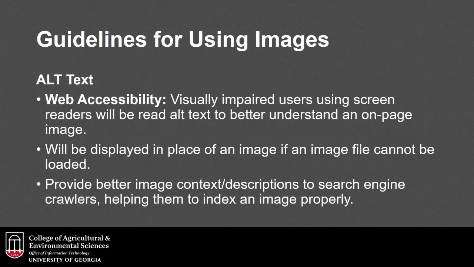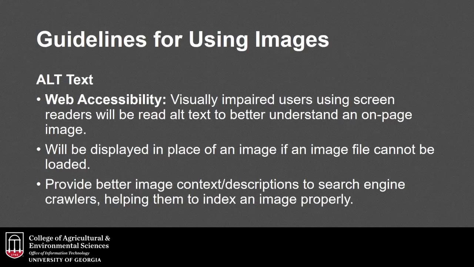Alt text. Alt text is something that you see in the image components on AEM. Basically, the main purpose of alt text ultimately is web accessibility, so that visually impaired users who use screen readers will be able to read that alt text to better understand what an image is on the page.